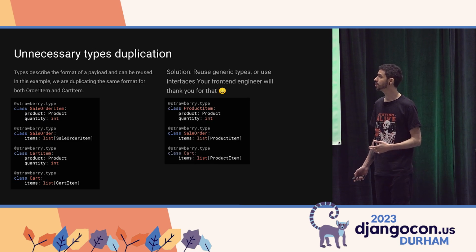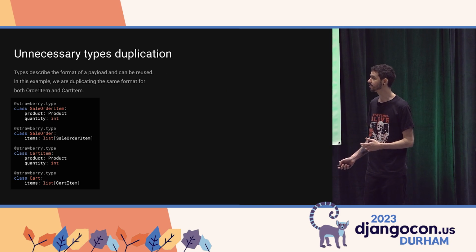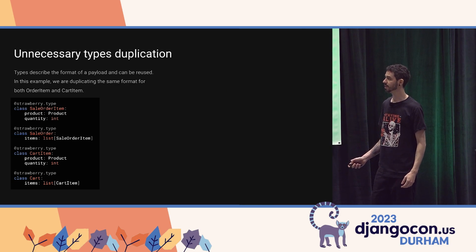Unnecessary type duplication. For example, in here, say that I have a sale order and I have a cart. Both of them will have items in them, which will be represented by a tuple of a product and the quantity of that product. You can see that it looks the same in the cart item and in the sale order item.